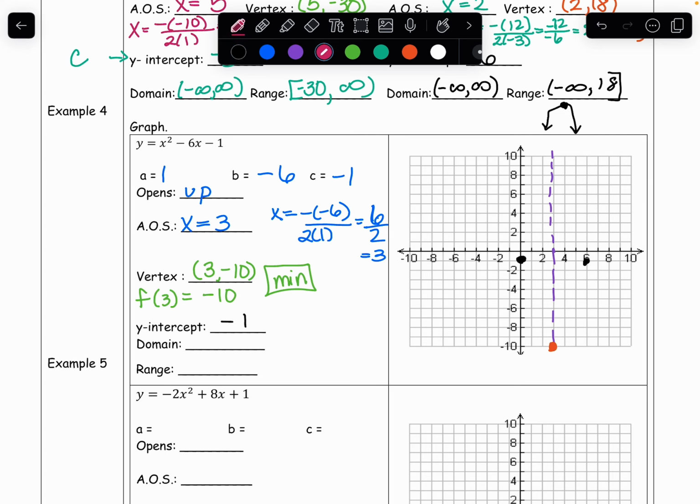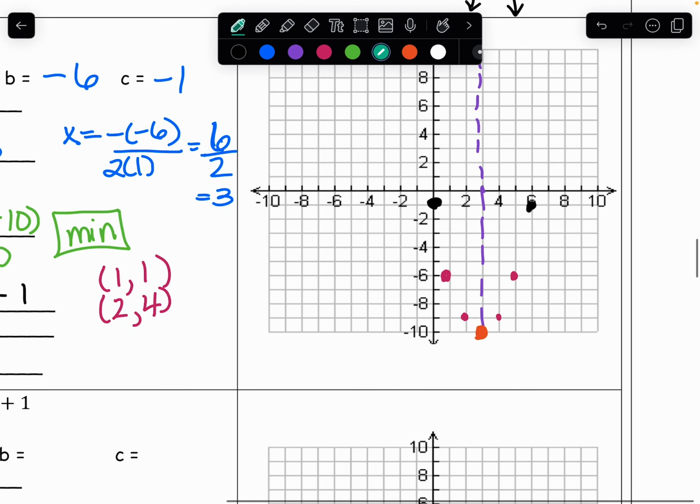And then I can use my a value, which in this case is 1, to get more points. So I'm going to go 1, 1, reflect over. We'll go over 2, up 4, reflect over. Now I do end up with more points than the 5 needed, but the more points, the more accurate your graph is.